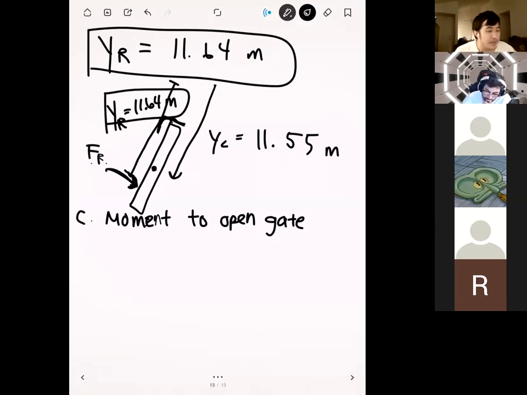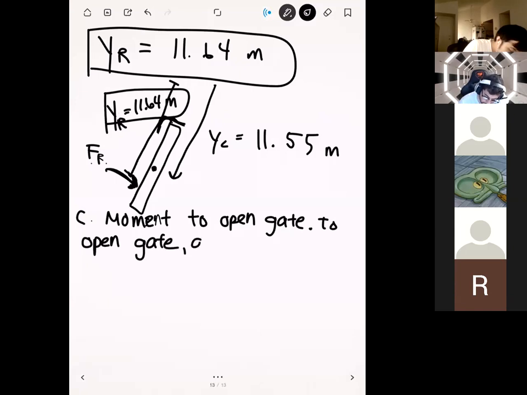So the Zoom is not being staticky, I just had some phlegm in my throat. And so in order to open the gate, we need to apply a moment in the opposite direction. And so that moment is going to be clockwise.